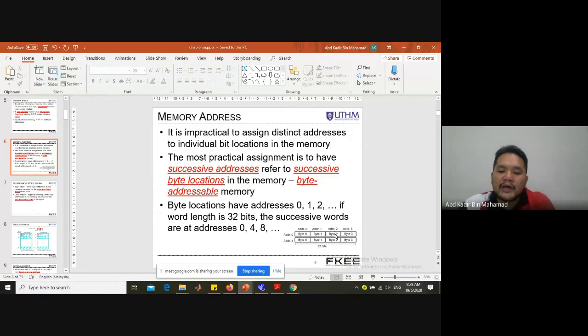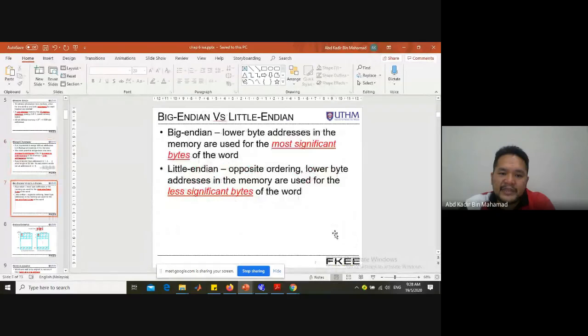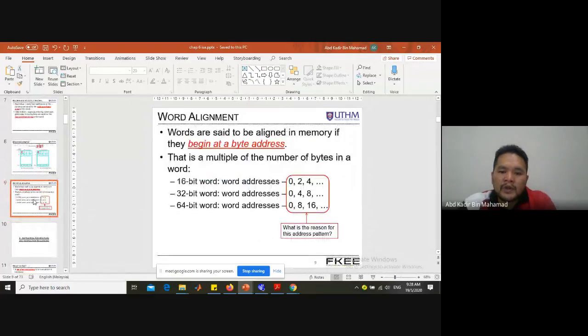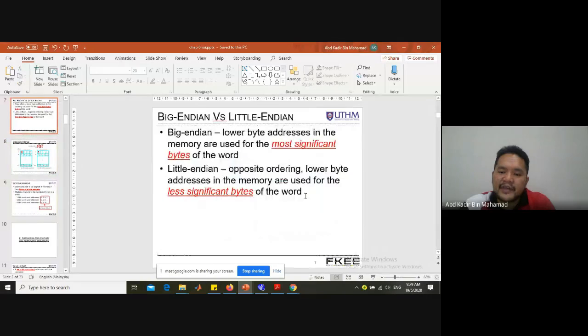They also have what they call big endian and little endian, but it's not so significant, so I just skip. Okay, word alignment. If you notice, for 16-bit words, word addresses start from 0 to 4. For 32-bit words, 0, 4, 8, the same as the previous slide.